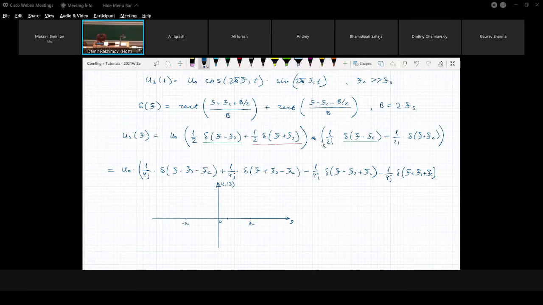But we don't have a delta pulse at carrier frequency fc. We have a delta pulse, for example, at minus fs minus fc. It will be fc plus fs. Delta pulse.